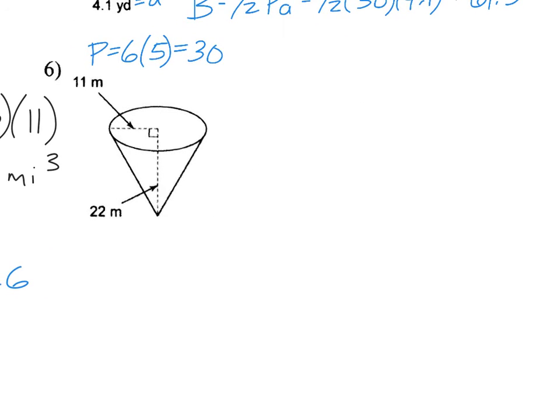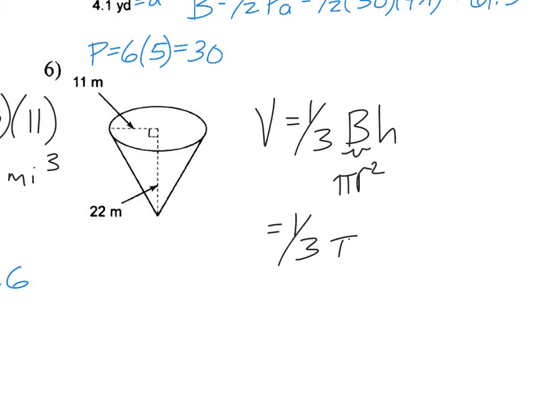And the last one, okay, here's a cone. So cone is still the basic formula, 1/3 big B times H, except that if it's a cone, our base figure is a circle, and the area of a circle is pi r squared. So in the case of a cone, this is really our formula. So right here is my H. This is my R. So I plug all that in.